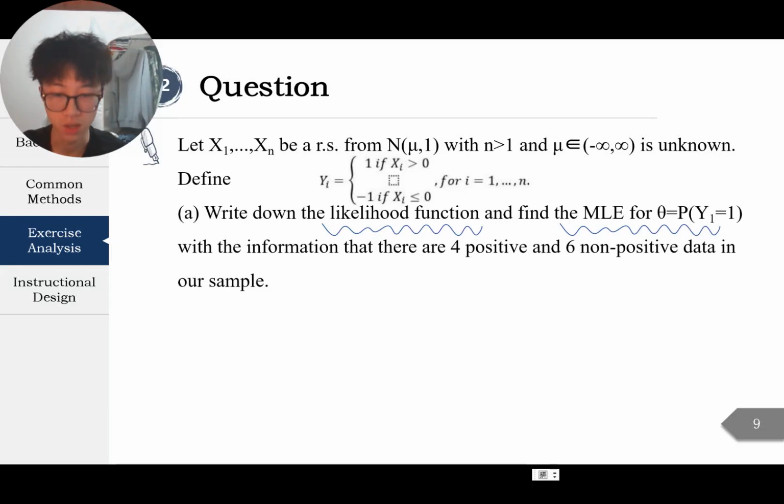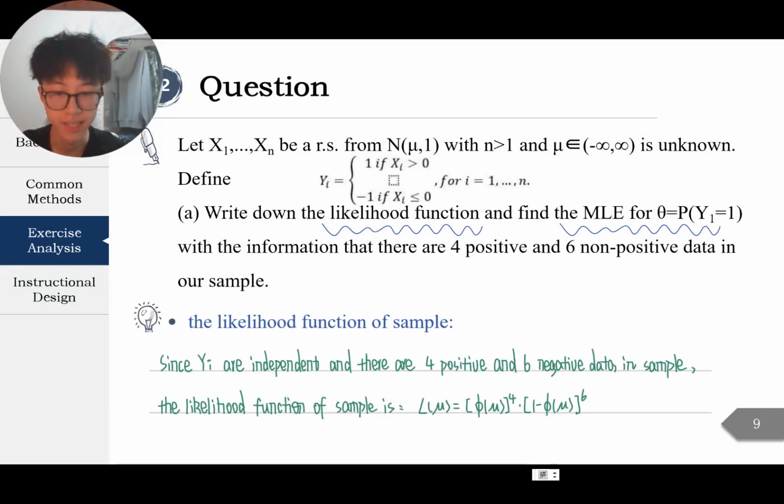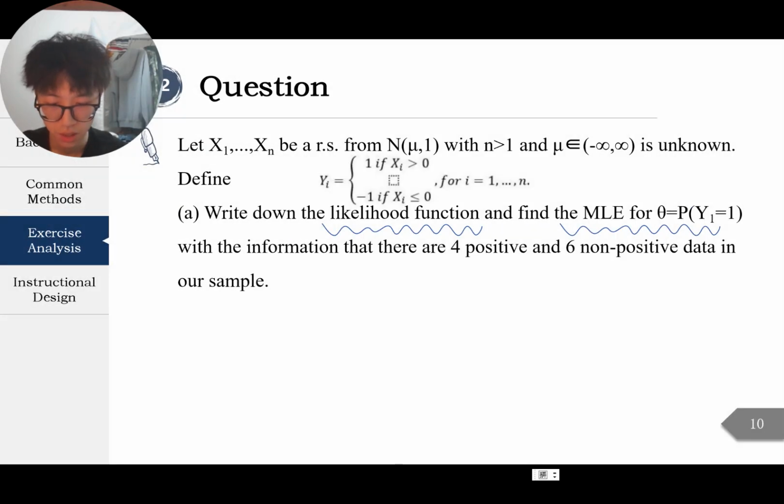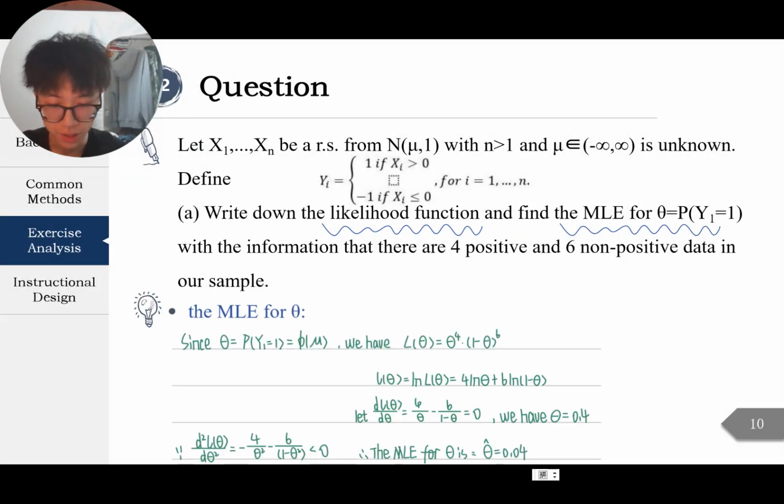Then, based on the known 10 sample data, 4 positive and 6 non-positive data in the sample, we can get the likelihood function corresponding to the samples. And then, based on the expression of theta, we can get the likelihood function of theta like this.